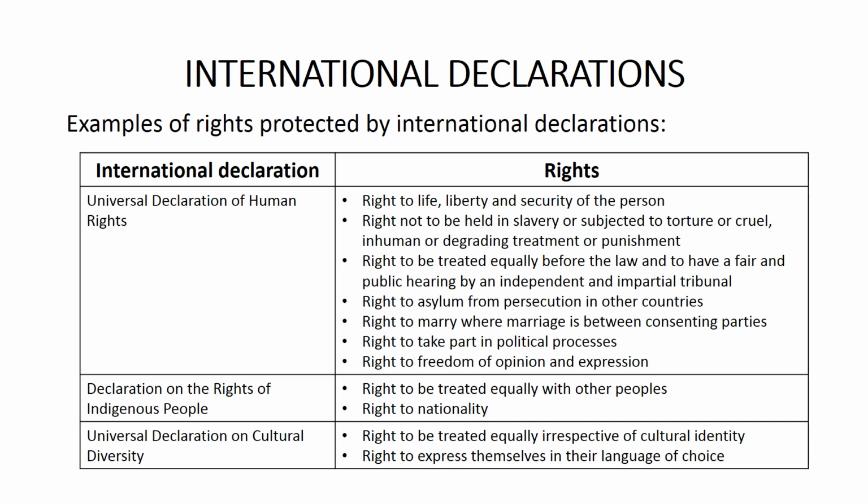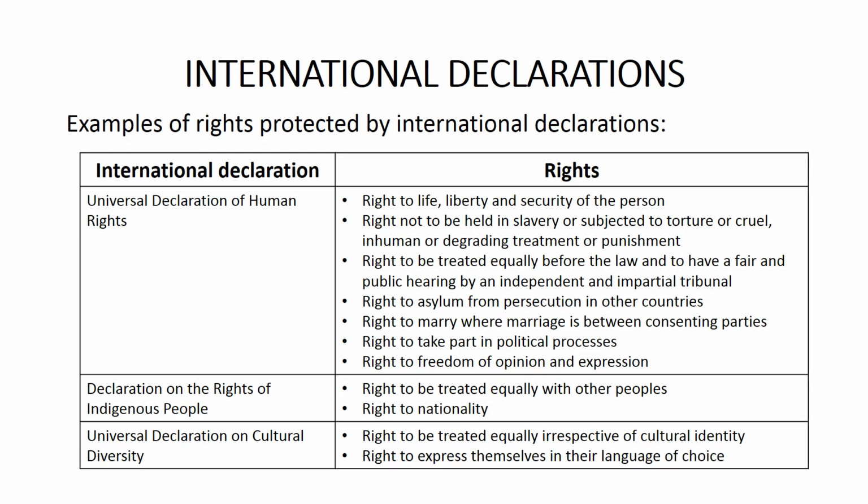You don't need to remember all of these rights, but what I would suggest is that you remember a couple of rights as examples of the kind of rights that are protected by international declarations. We've already referred to the Universal Declaration of Human Rights, and you can see that this declaration creates a number of very fundamental human rights.